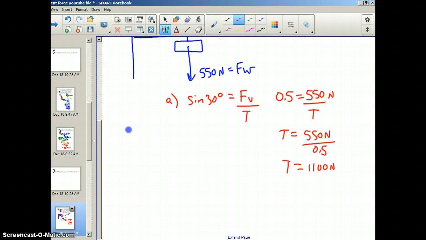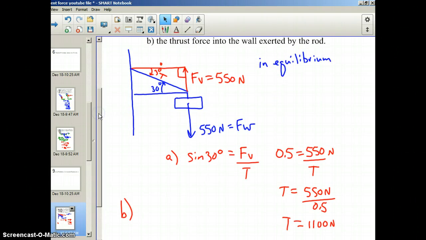Now for part B. Part B asks, what is the horizontal thrust of the rod shoving against the wall? So we could call this force of thrust, but it is acting along the rod here. We note again that there is an upward component that's equal to 550 newtons. Therefore, by the parallelogram method, this component acting upwards along the wall must be 550 also.